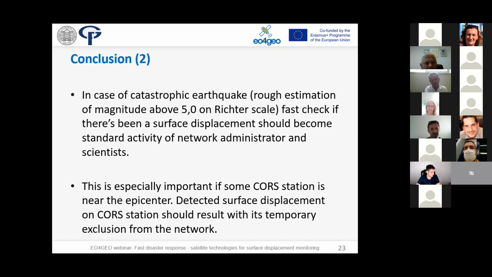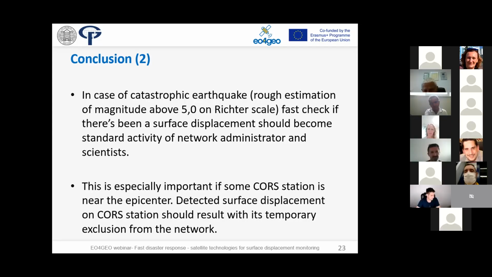For example, with the Zagreb and Sisak earthquakes, we got the opportunity to make these researches because CORS stations were very near the epicenter. I don't want to use the word lucky, because it is really the wrong word, but it gave us the opportunity to make those computations.